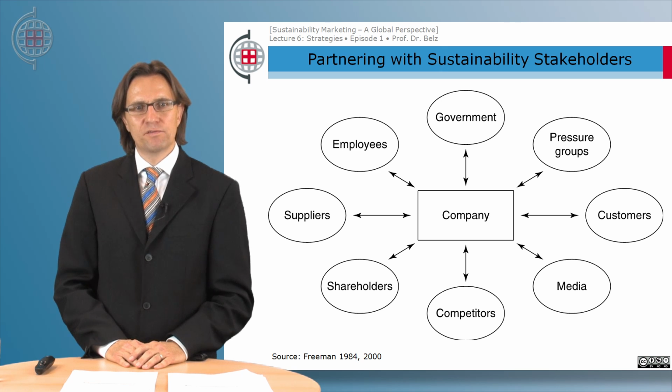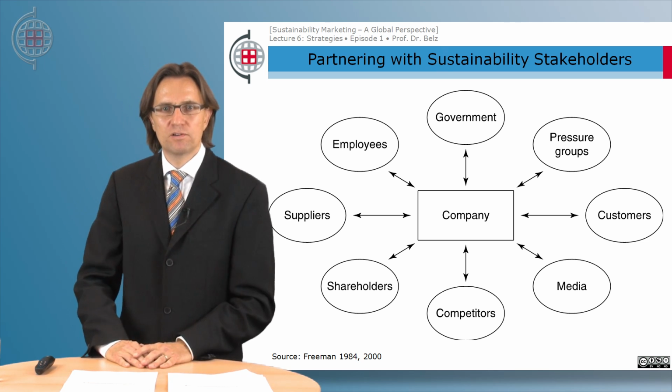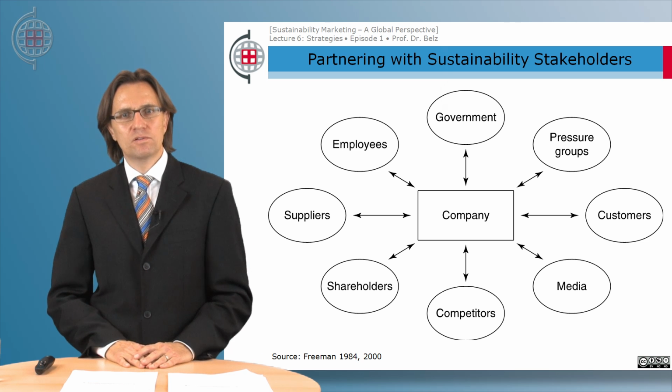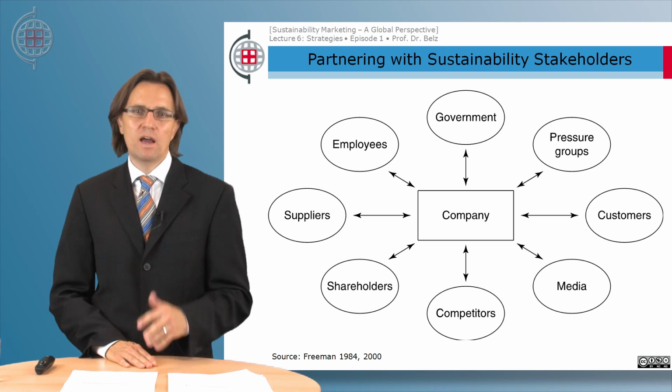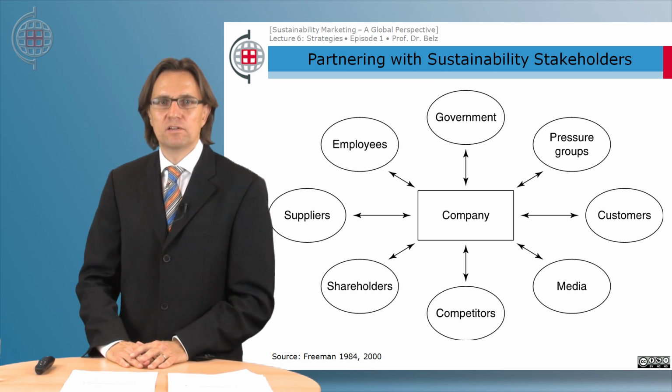It's a model based on Freeman, 1984. He lists suppliers, competitors, customers, shareholders as market stakeholders. He also mentions media and pressure groups as public stakeholders and the government as a political stakeholder.